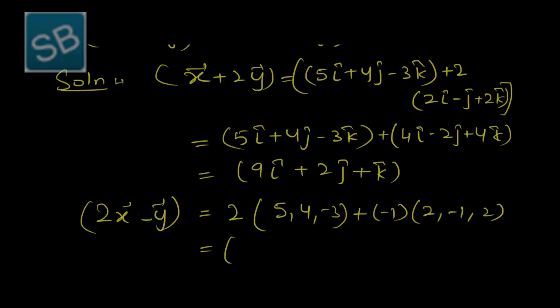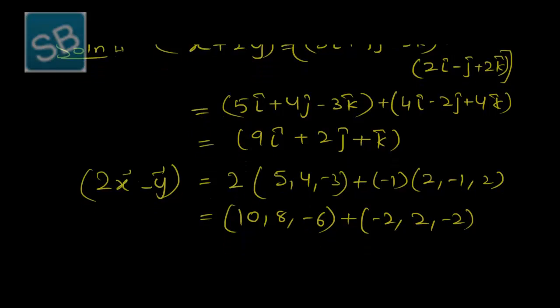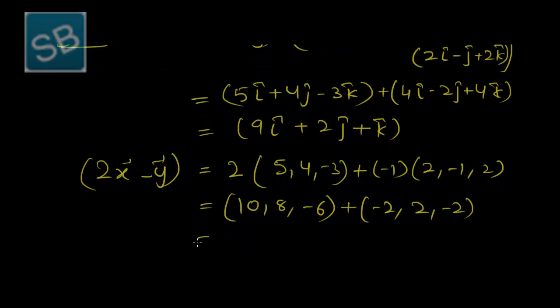So we get 10, 8, minus 6 plus minus 2, 1, minus 2. Here it is a mistake, that is minus 1 into minus 1 is 1.